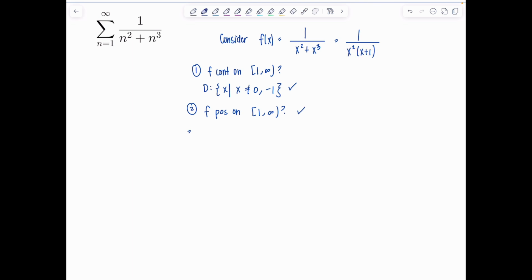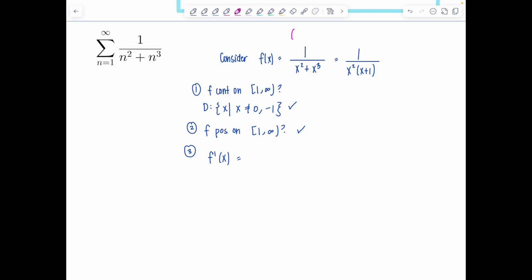The last thing, I want to check if it's decreasing. So f prime of x, if you want to think to yourself, I think the easiest thing is this is x squared plus x cubed to the negative first, you know? So negative x squared plus x cubed to the negative second times 2x plus 3x squared.